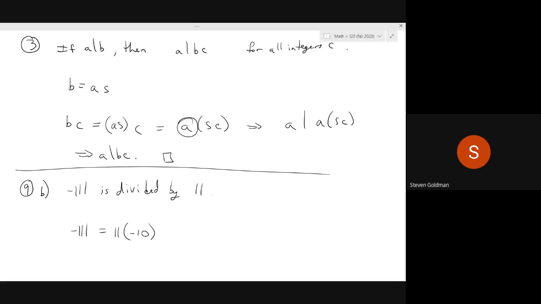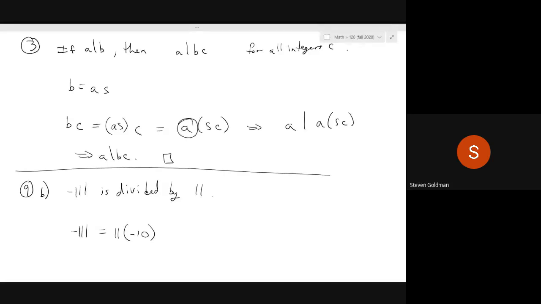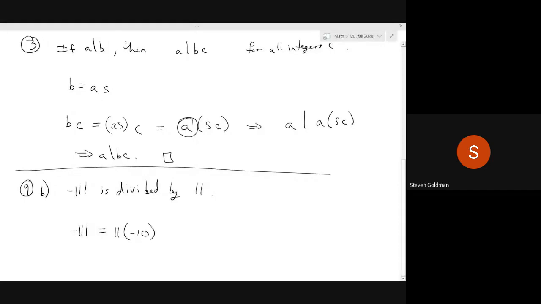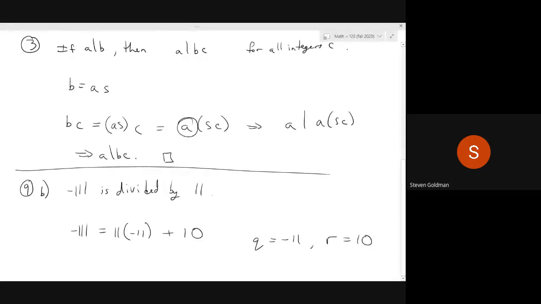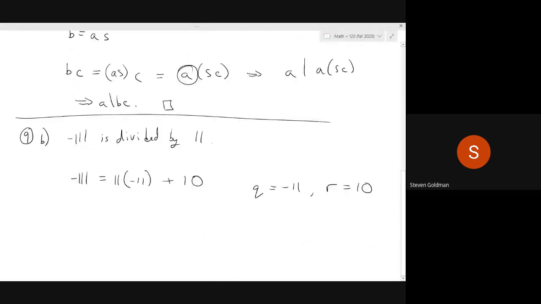And remember, we said we always want our remainder to be a positive number. So in order to make the remainder a positive number, I have to make this negative 11. And that would be negative 121. And then my remainder will be plus 10. So that Q is negative 11 and the remainder is 10. So you choose your quotient so that your remainder will be positive.